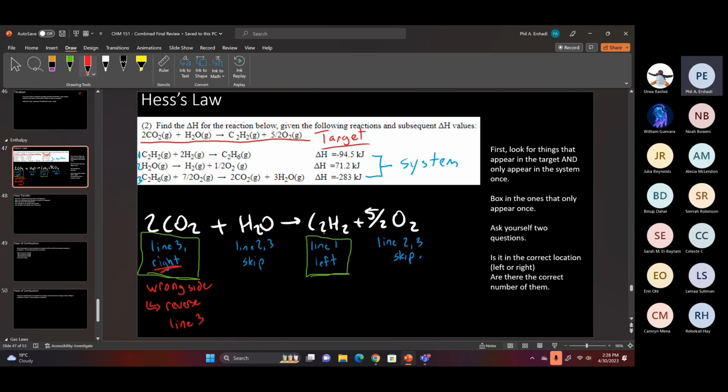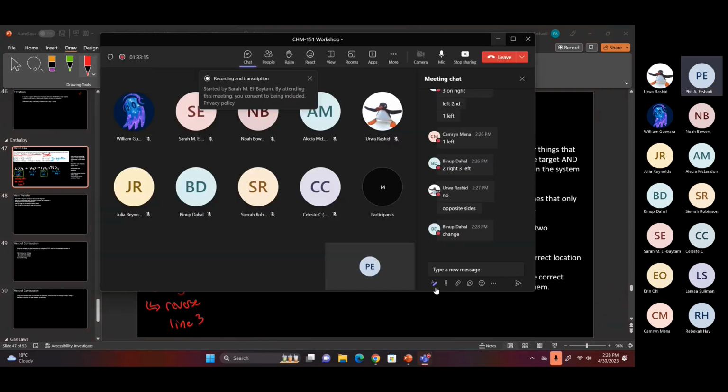Now, how about C2H2? It's on the left in the system, but what should it be? Is it in the correct position, or do we need to change it? Notice that C2H2, in the target, is on the right, but in the system, it's on the left.